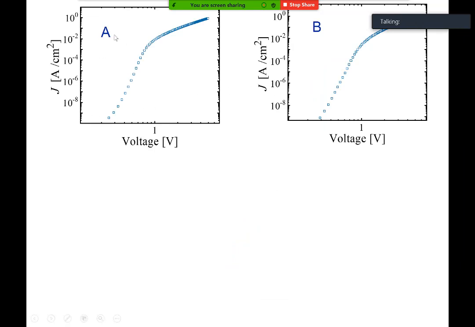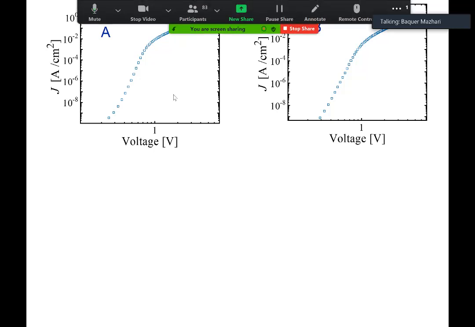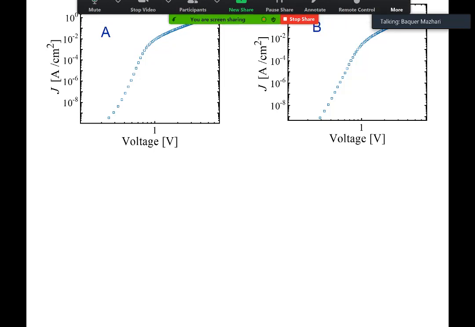This is my device A, and this is my device B. If you were to take a slope here and try to calculate, you won't see much difference. So when you display characteristics like this, you would conclude that A and B are basically very similar devices. My point is that these linear and log linear ways of displaying data are inadequate if you want to understand the devices properly.